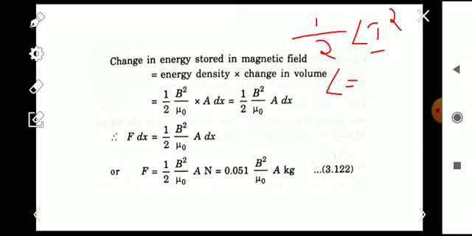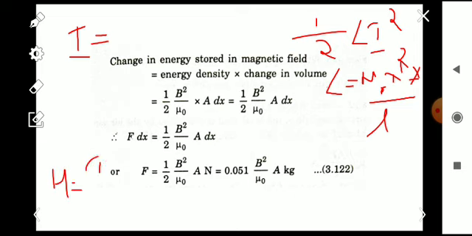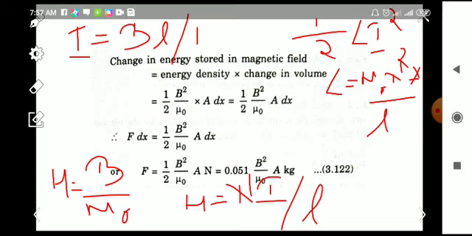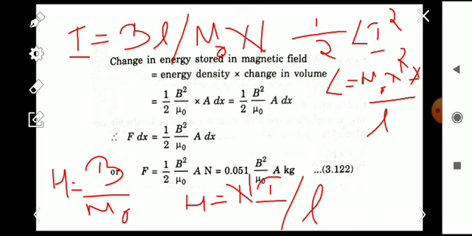Instead of L we substitute mu 0 N square A by L, and instead of I we use the equations B equal to mu 0 H, and H equal to N I by L. So we can substitute I as B L by mu 0 N. From all these equations we derive half B square by mu 0.